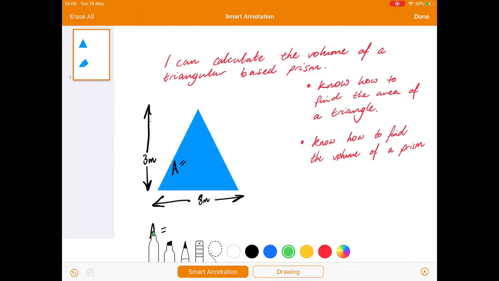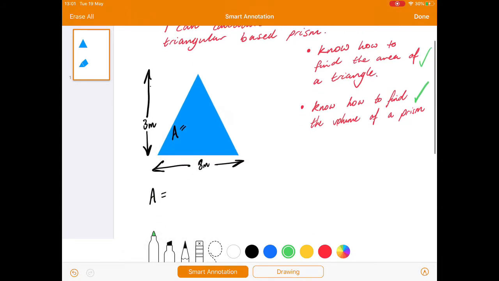Now you've done the volume of a prism already, and you should know how to find the area of a triangle, but let's just do a little reminder for that. So the area of a triangle is worked out by the formula half the base times height.